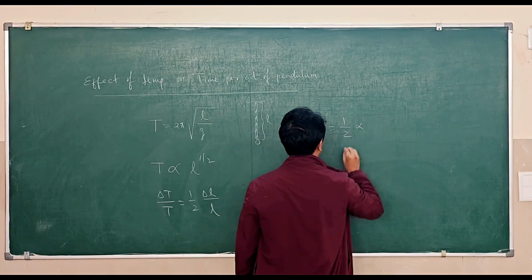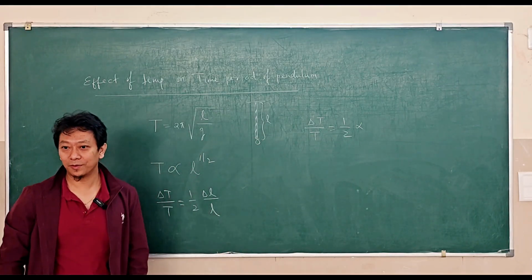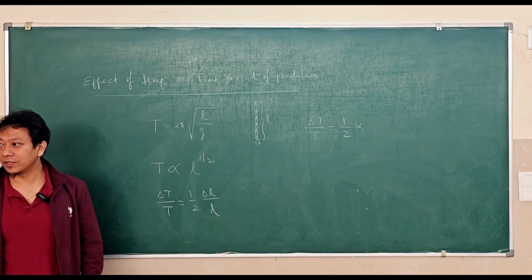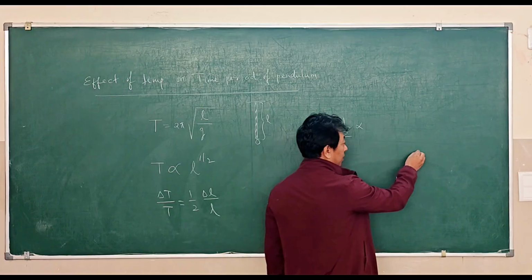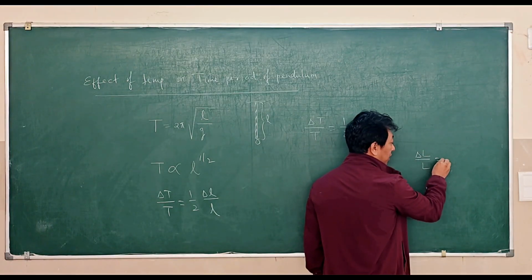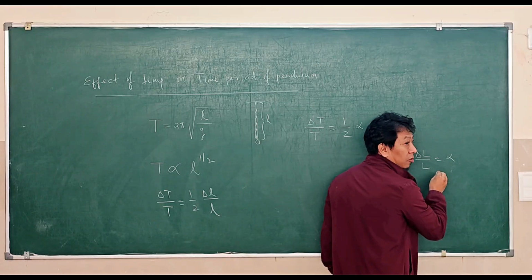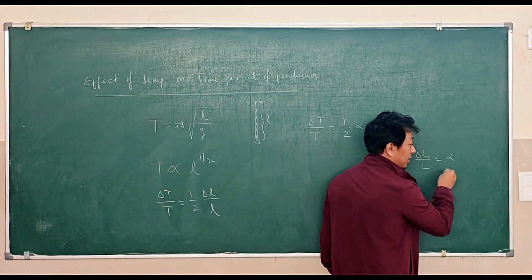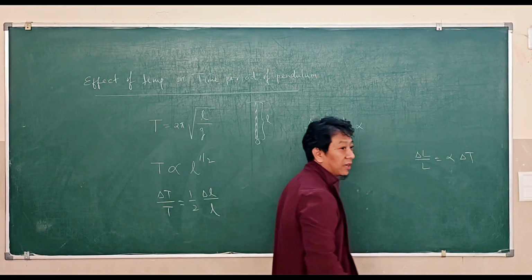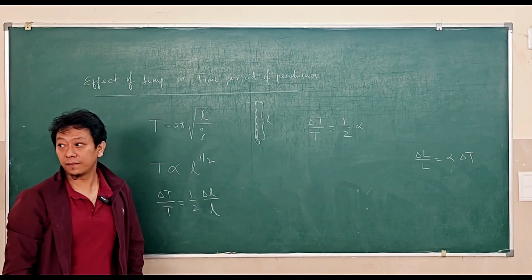What was delta L by L? Alpha. Now we will be facing a problem. What was delta L by L in our coefficient of linear expansion formula? Alpha delta T. But now we can't write delta T. Why?